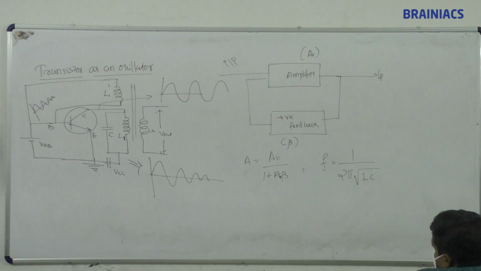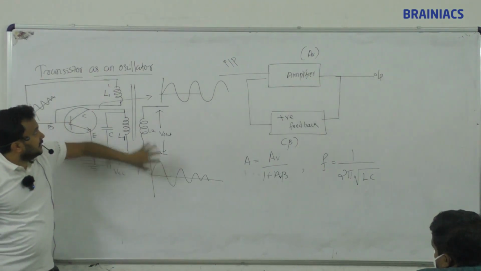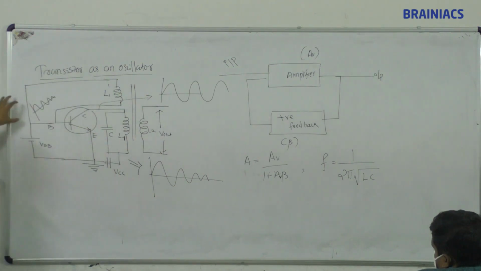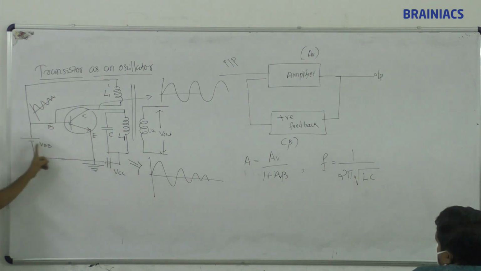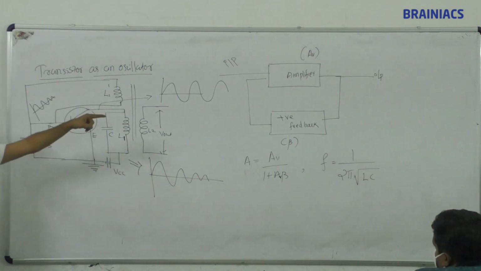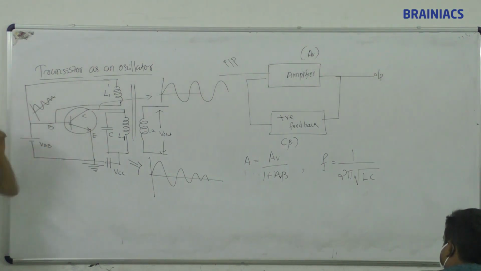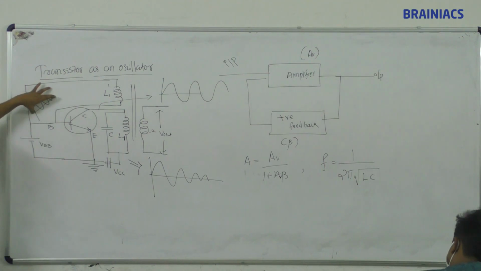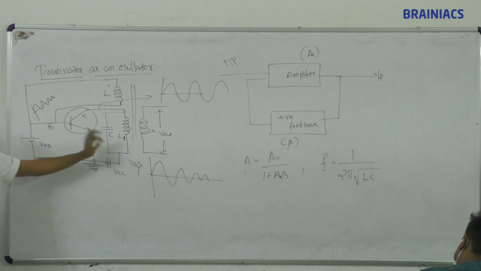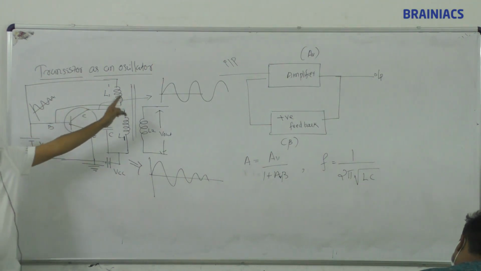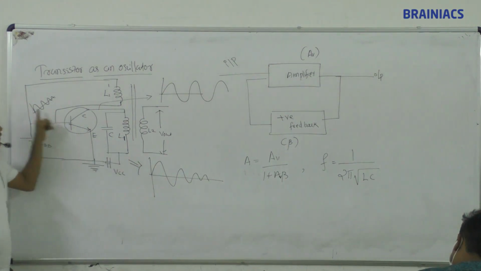That is actually happening. So this LC oscillator will produce a damped signal. This damped signal is passed to this coil. This coil is feeding the input of the transistor, with VBB and VCC already adjusted, working in the active region. The DC graph is already there, and on top of the DC graph I am giving this input signal. So this input signal will be amplified by the transistor and we will get an output as an undamped signal. Understand?